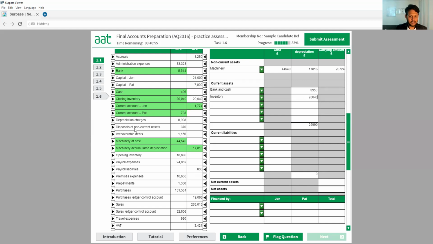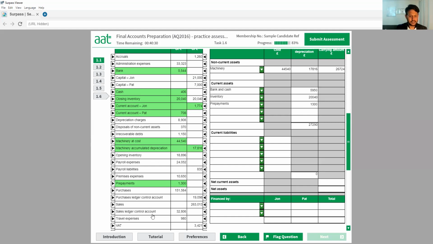Then we have prepayments. Prepayments are also a current asset. That is 1,300.